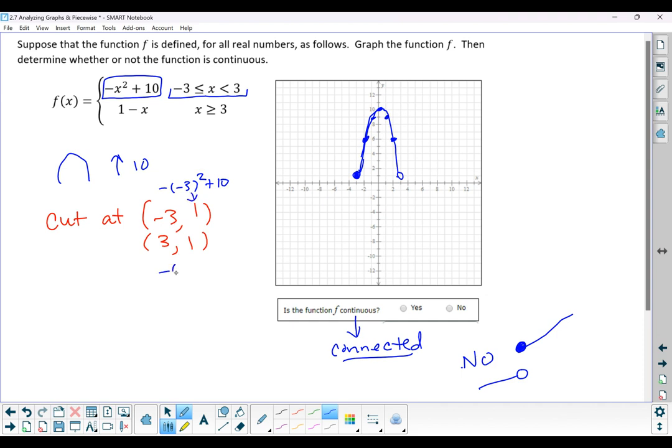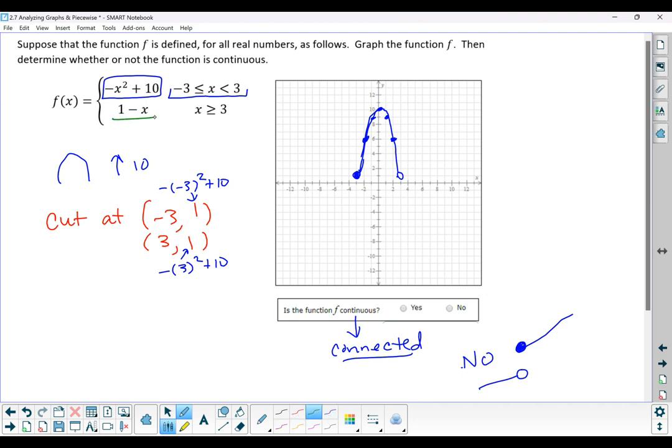And then 3 squared plus 10 also gives you 1. So you can get those y values from the function if you're having a hard time telling their height on your grid, like I was having a hard time on my grid because my sketch was poor. All right, so we've got that first piece settled in.